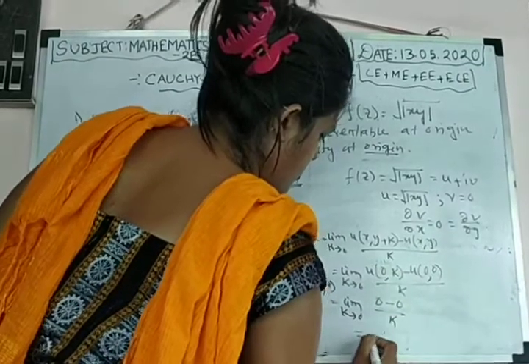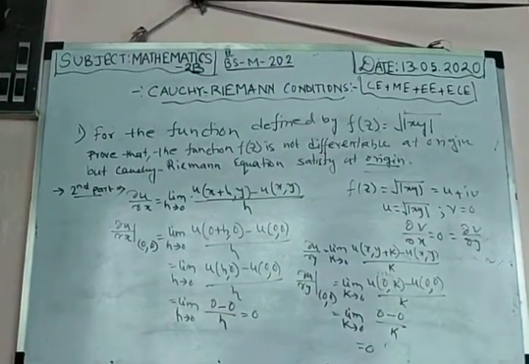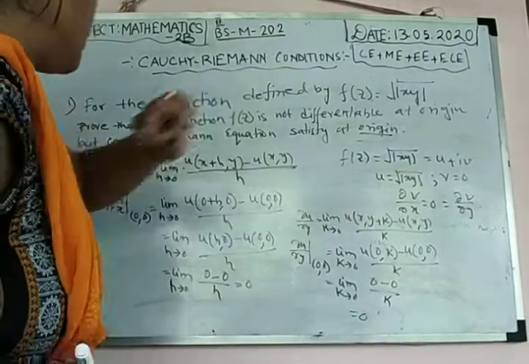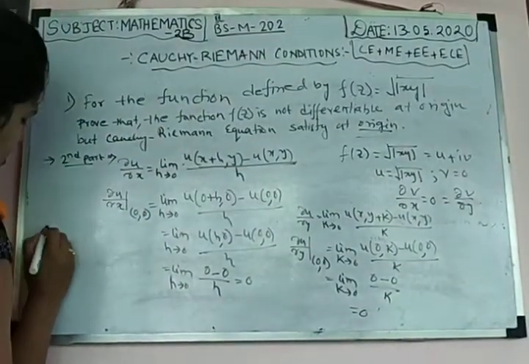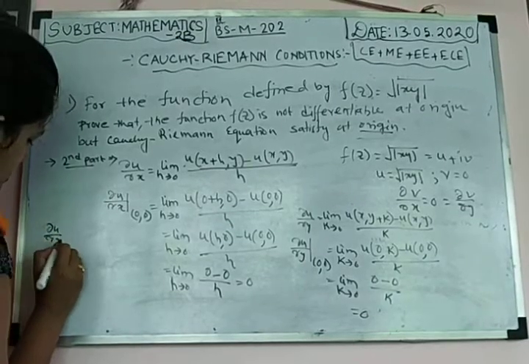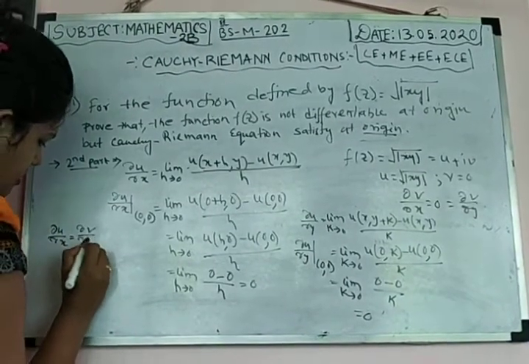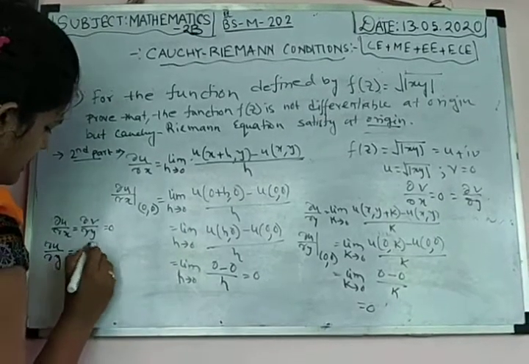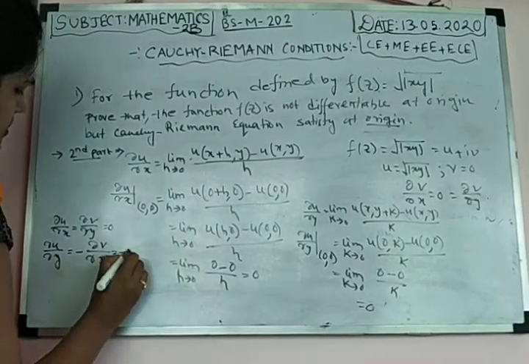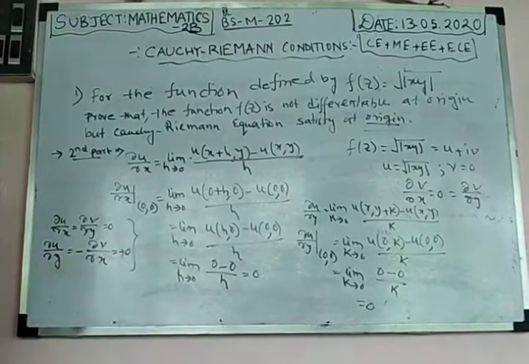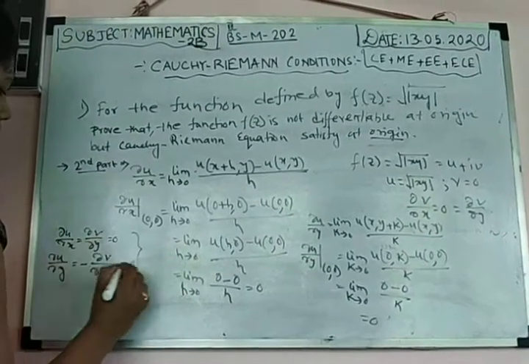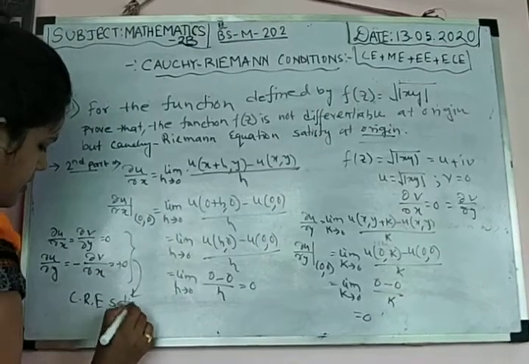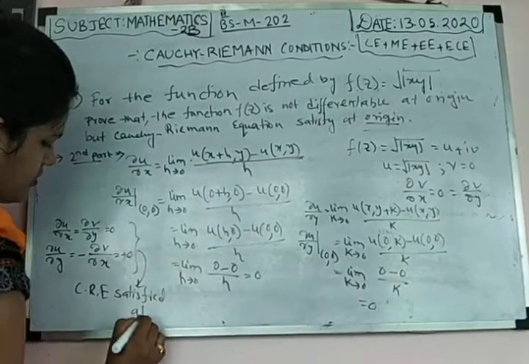So this value is again 0. So del u del x is 0, del u del y is also 0, del v del x is 0 and del v del y is 0. So our conclusion here is del u del x equals del v del y because all are 0, and del u del y equals minus del v del x, minus of 0 or plus 0, whatever. So the Cauchy-Riemann equations, CRE in short, are satisfied at the origin.